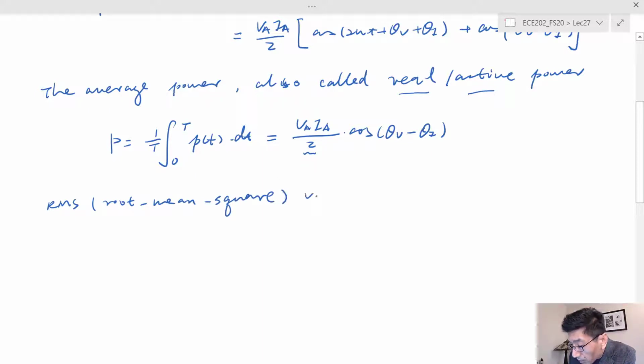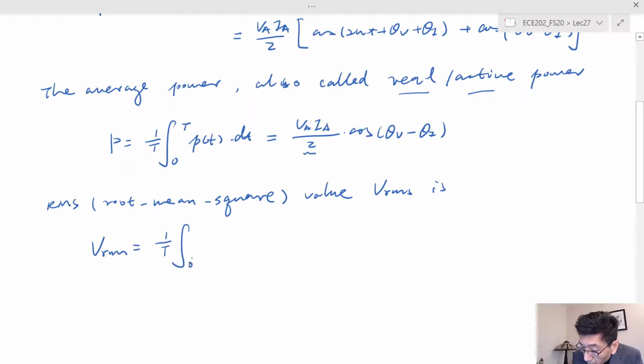Let's call the voltage RMS value V_RMS. V_RMS is the mean, 1 over T integral from 0 to T of v(t) squared dt, and we also need to take the root.